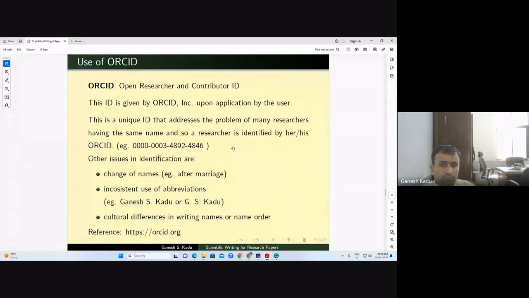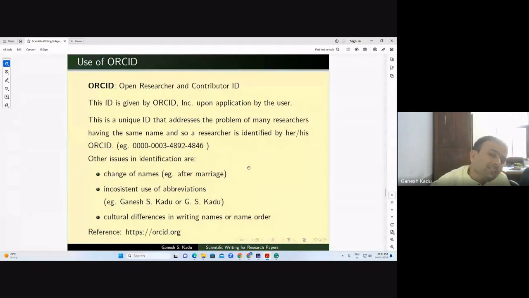So if you search by this name, then it is not clear which Ganesh Kadu it is. There is a paper by that name. It is not clear to you whether or not it is me or some other Ganesh Kadu, right? So to avoid this problem, you have this concept of ORCID, this unique ID, and this is how it looks like. So this is my ORCID ID.